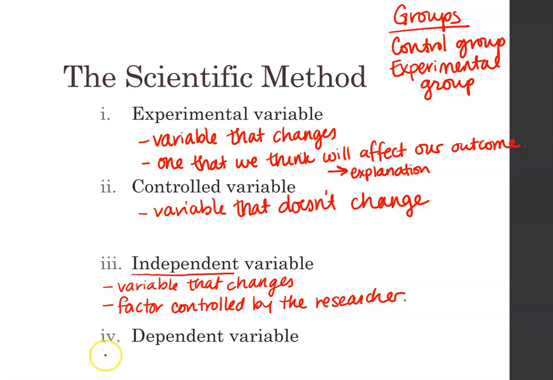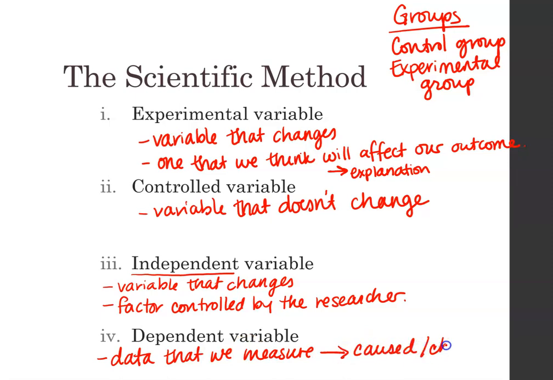The dependent variable is essentially the data that we measure, and it is caused or changed by the independent variable.